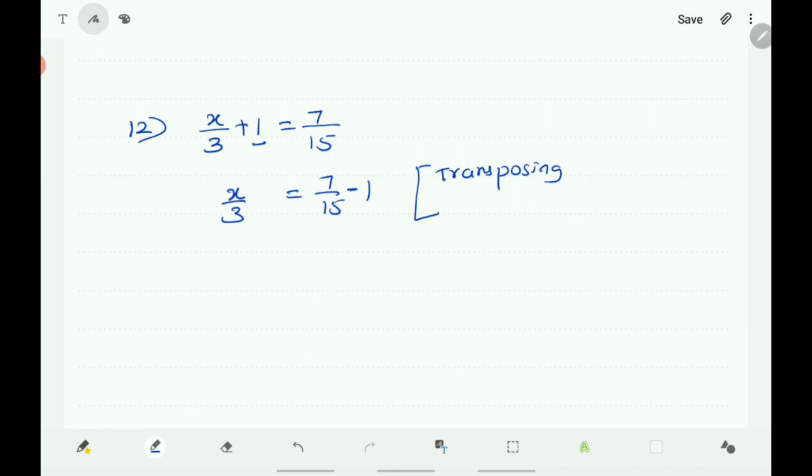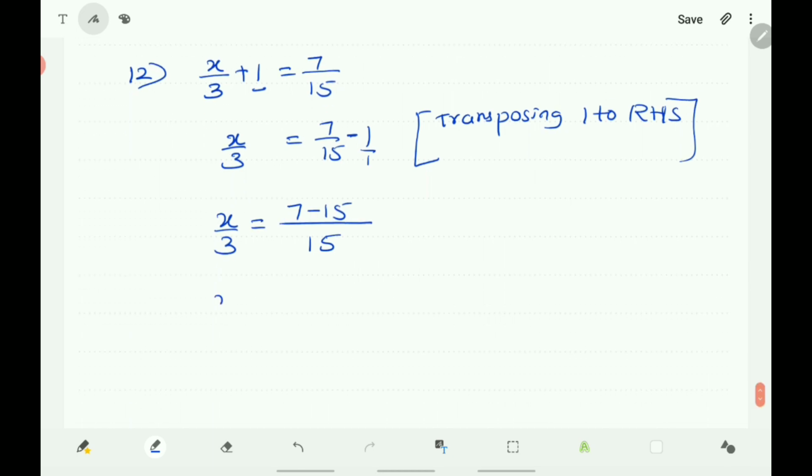What have you done here? Transposing 1 to RHS. So it becomes x by 3 is equals to, here you can take the LCM. What is the LCM here? 15. And the numerator becomes 7. Here 1 means 1 by 1, and 1 times 15 is 15, so minus 15.